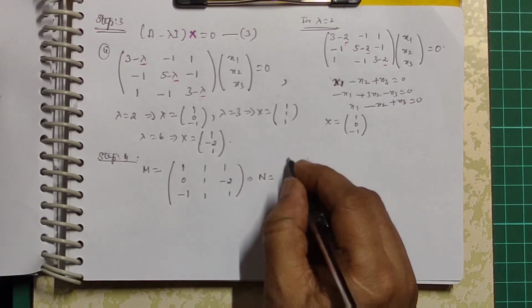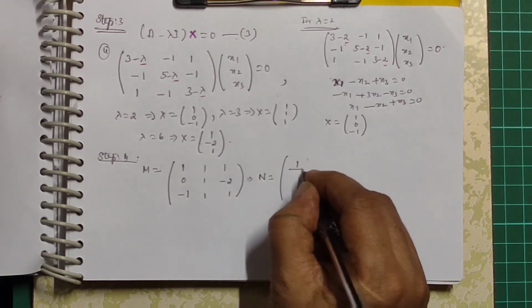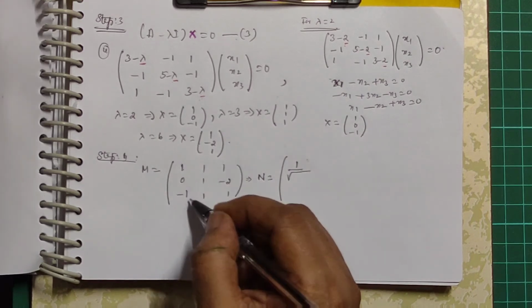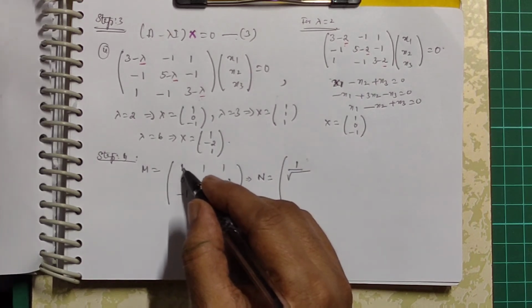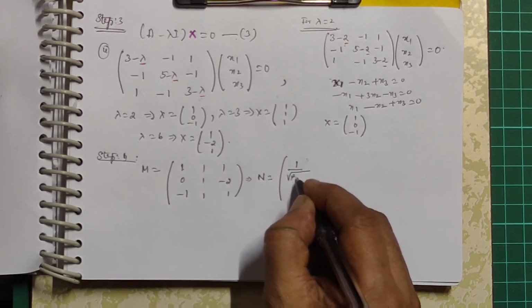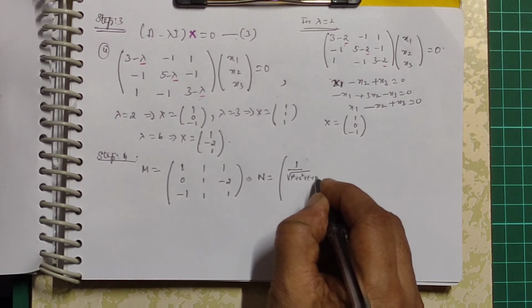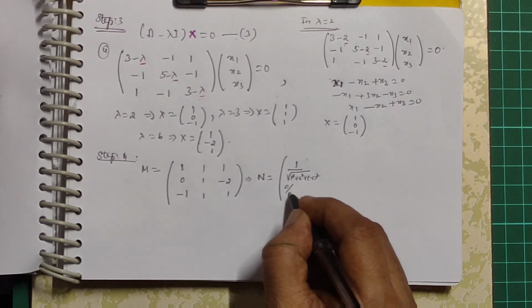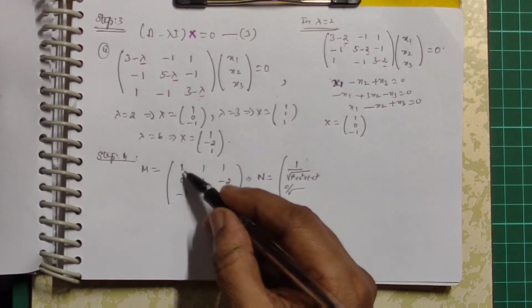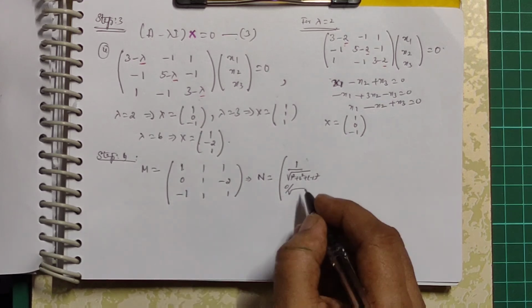The normalized modal matrix is nothing but 1 divided by the square root of the sum of the squares of the elements in each column, that is 1 squared plus 0 squared plus minus 1 squared. Then the same procedure for the next column, the sum of the squares of the elements in each column.